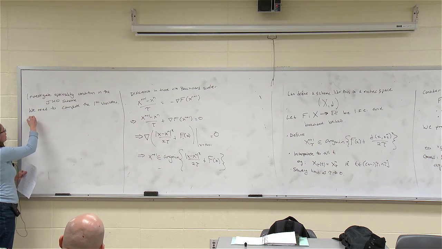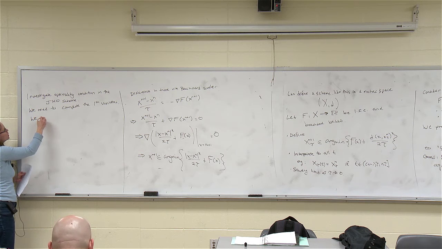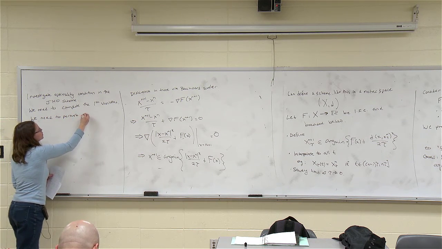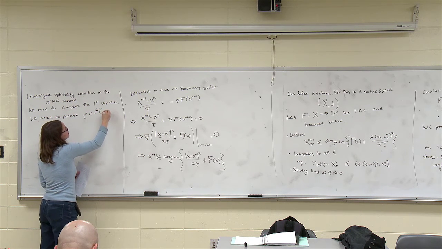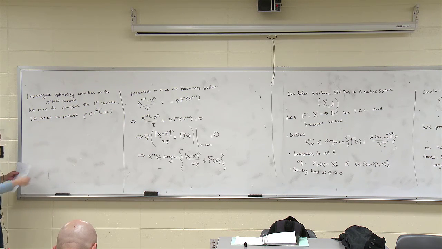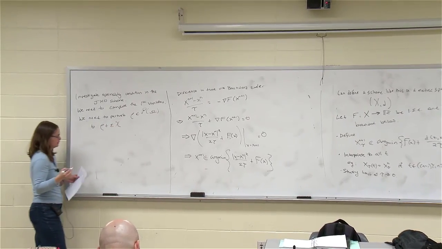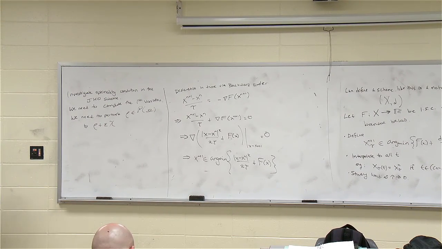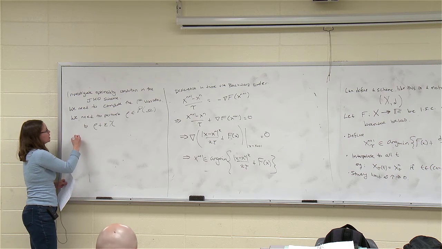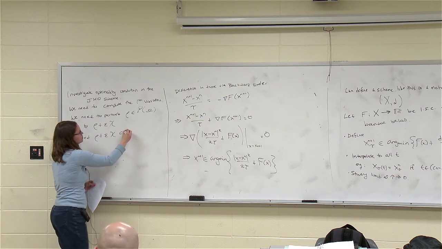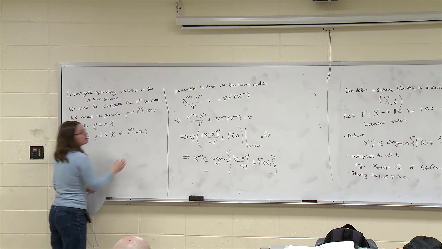Okay, so say we want to perturb rho. Rho, again, is a probability, to rho plus some epsilon chi. And again, we need rho plus epsilon chi to also be a probability.